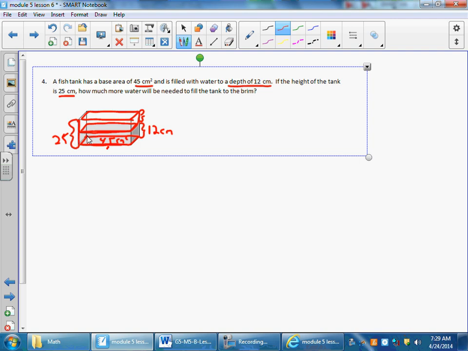So if the total height is 25, and we already have water filled up 12 centimeters, then 13 centimeters is the height that I need to fill with water. Now your base area again, your length and your width have not changed.